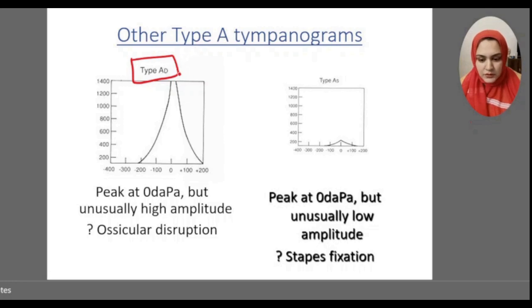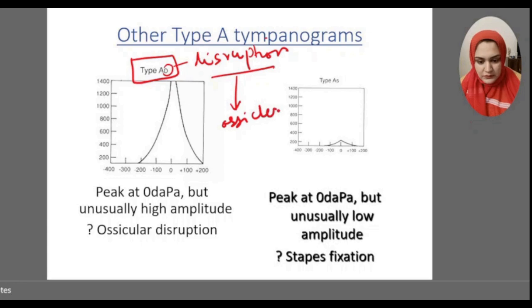If you want to recall it, you have to remember that this is the type AD tympanogram and D is for disruption. Disruption of what? Of ossicles. So if a patient has type AD tympanogram, it means that his diagnosis is ossicular disruption.